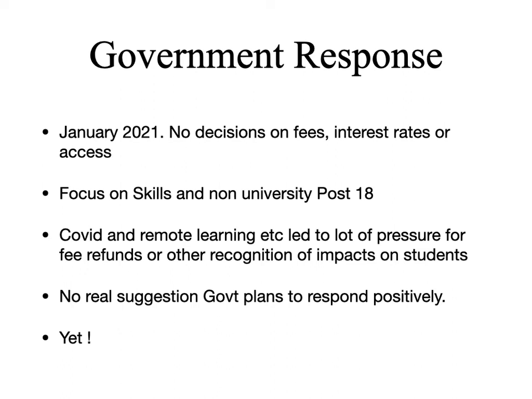There was a recognition that the COVID pandemic and remote learning has led to a lot of pressure for fee refunds or other recognition of the impacts on all of you, on all students. But there are no real suggestions that the government plans to respond positively, or at least no suggestions yet that they might be responding positively to the ways in which the last year or more of your university education, and many, many students' university education, has been changed so radically.